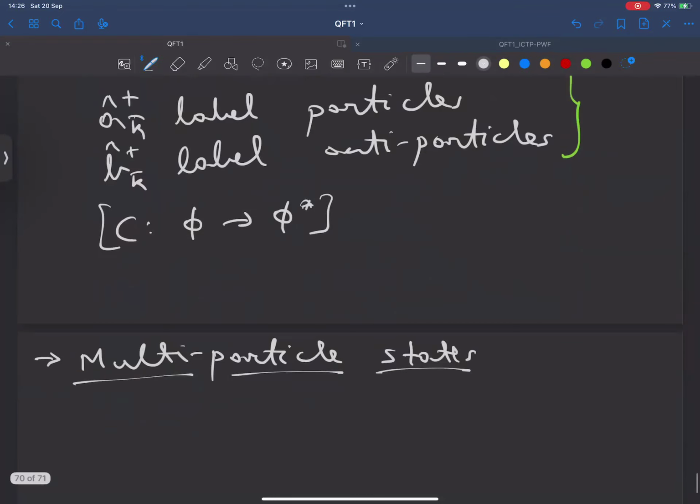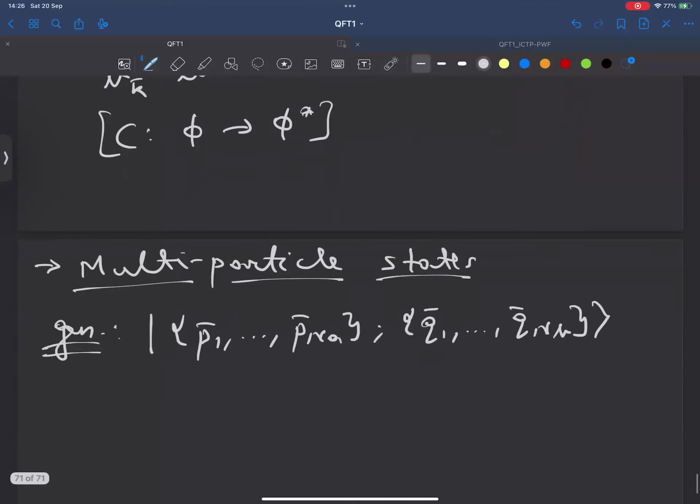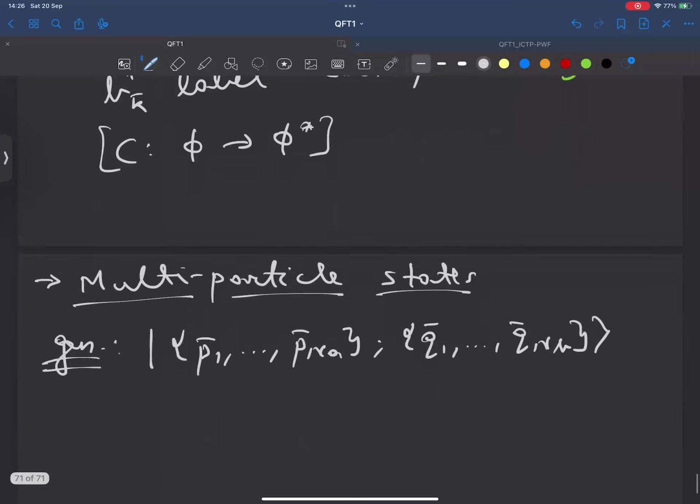So a general multi-particle state, we can write it like this. Vectors P1 to P N A and Q1 to Q N B. So I'm denoting the states by their momentum label, P's and Q's.